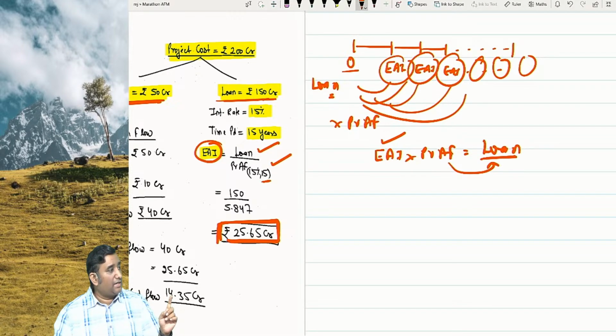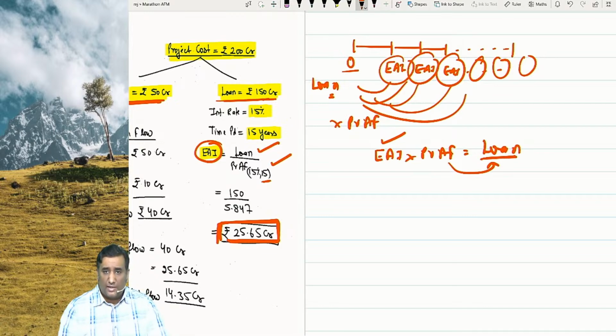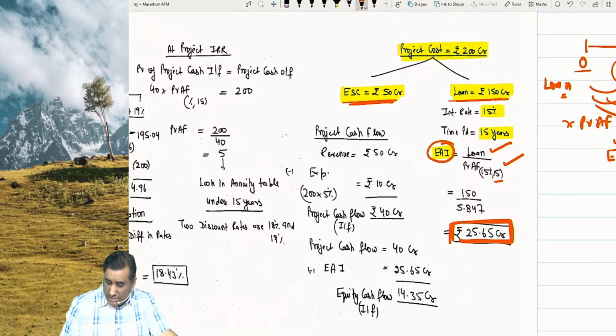Since the question said ignore tax, it has saved a lot of your time. Otherwise you would segregate this on depreciation also and calculate the taxation; only one question could have been done in a lengthier time. So it is a beautifully framed question, and it gives you the advantage of comparing the project and equity IRR. You can say it's the firm's earning and the equity's earning, in simple language. So this becomes my 25.65.